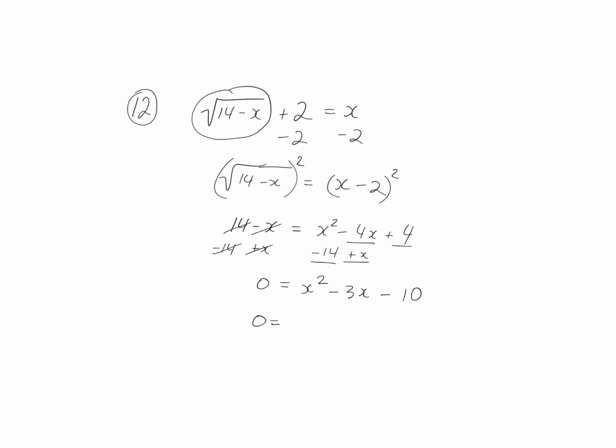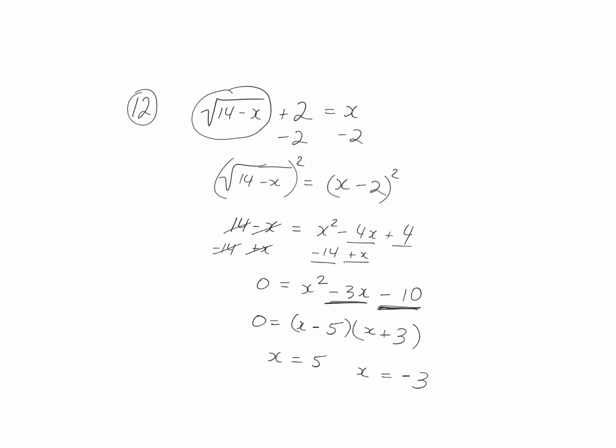So 0 equals, we factor, and we need two numbers that are going to multiply to negative 10 and add to negative 3. So that is x minus 5 and x plus 3. And so we have answers of x equals 5 and x equals negative 3.